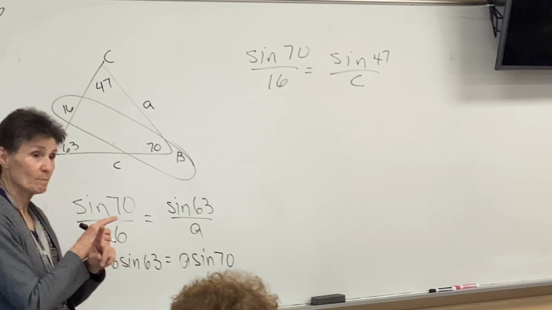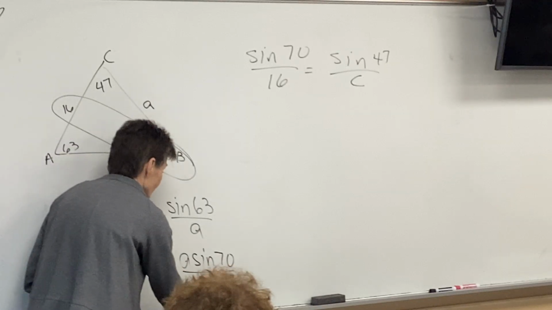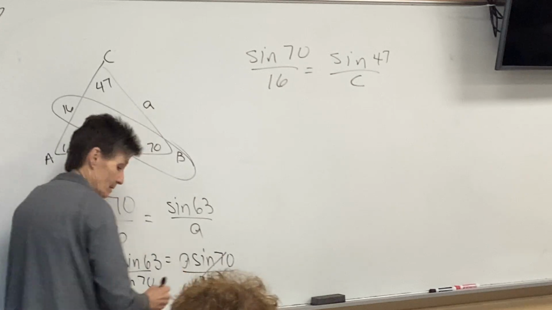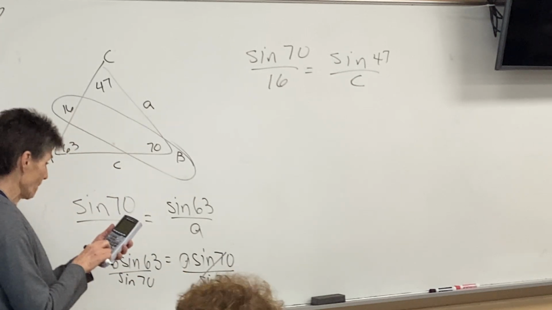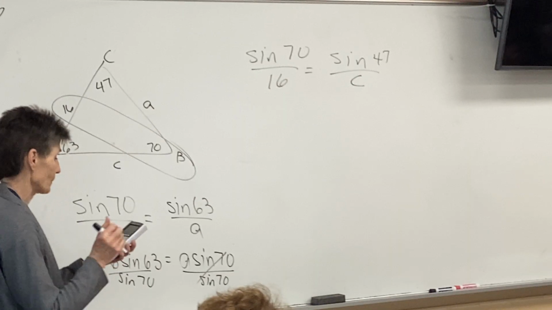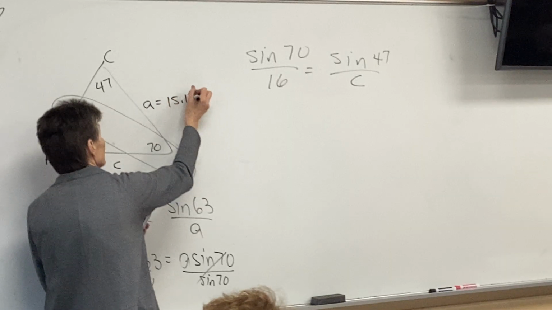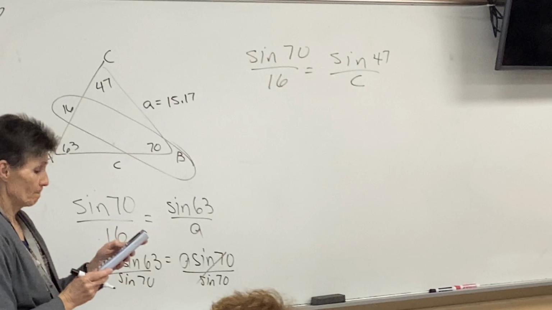Yep, after we cross multiply, we always divide. We're going to divide by sine 70. And side A, did you get 15.17 for side A? Yeah. Perfect.